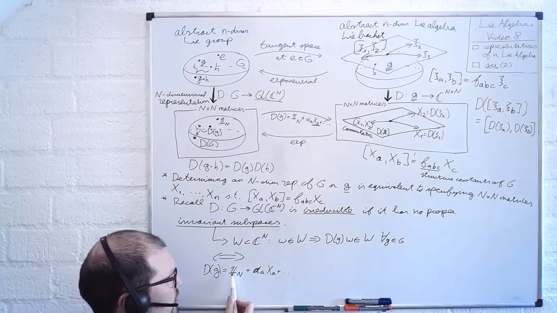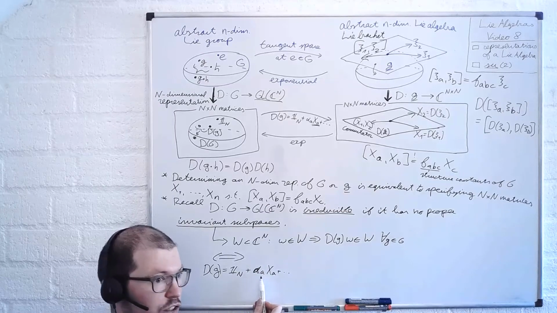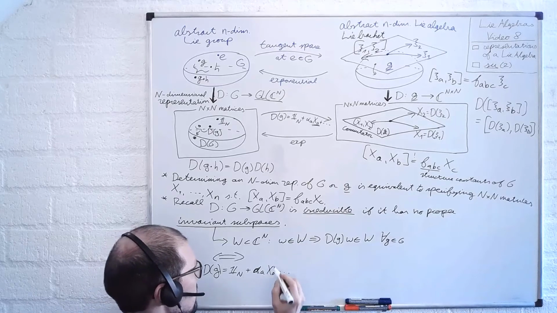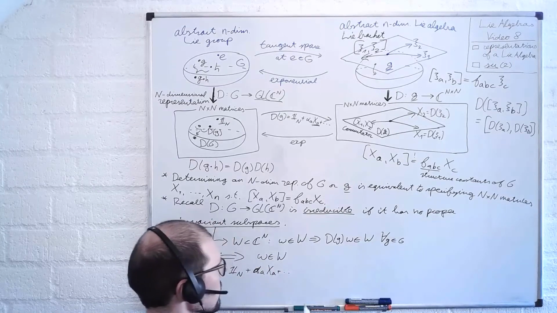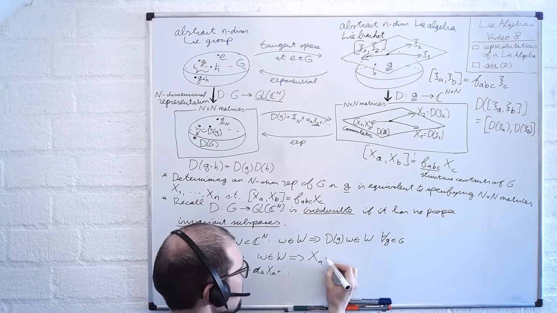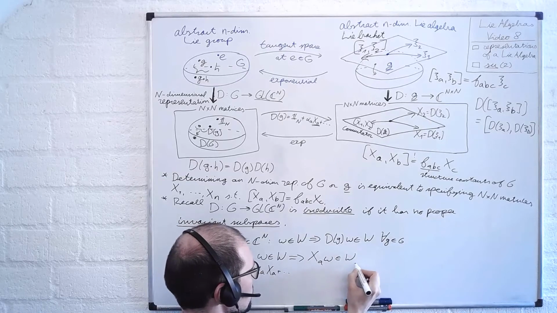Well, certainly the identity is going to do that. So also this first order term has to preserve this. So this is really equivalent to asking that for every vector in W, the generator acting on this vector is also in W.